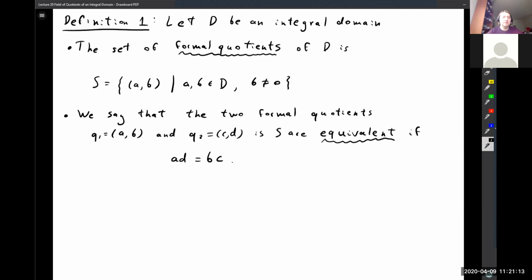So this is lemma 1, which basically states that, let me introduce notation for that, Q1 is equivalent to Q2 if, okay, now we prove that this tilde is an equivalence relation.